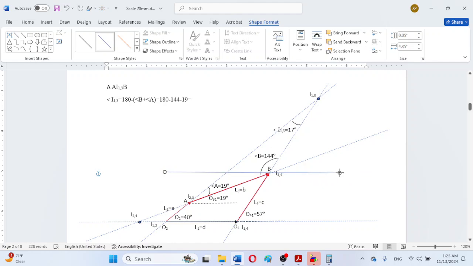Just make it exactly horizontal as much as possible by observation. Here like this. So its length doesn't matter.